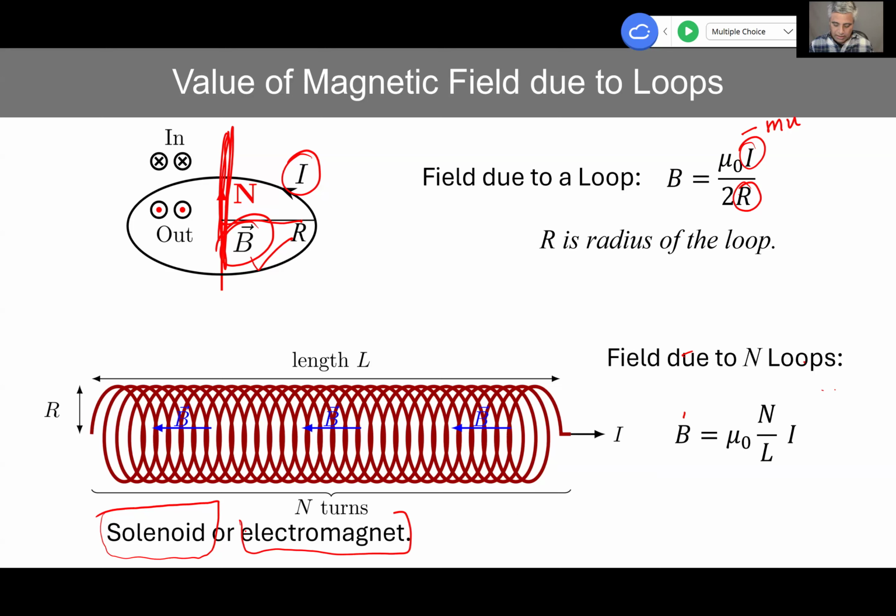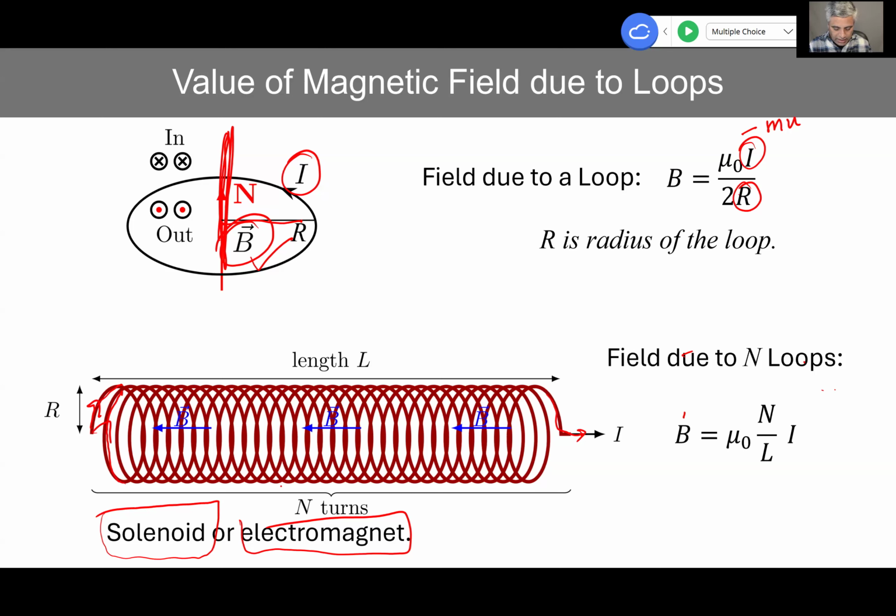an electromagnet. So for this electromagnet, the current, based on my drawing here, is coming out something like this, entering something like that, and then looping like this.